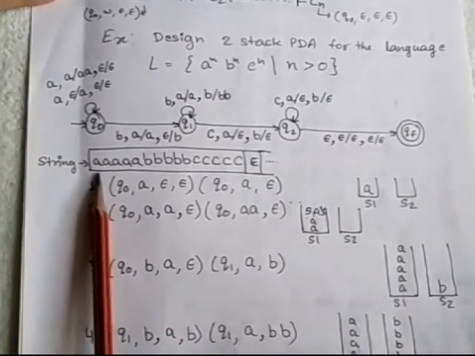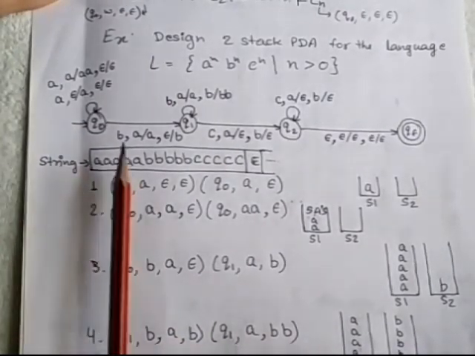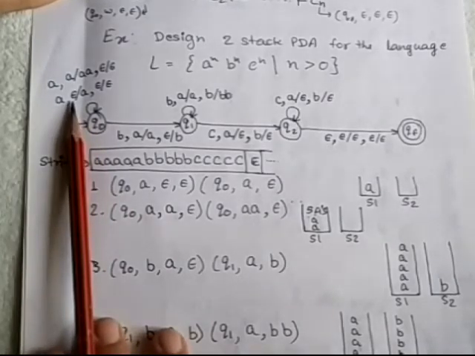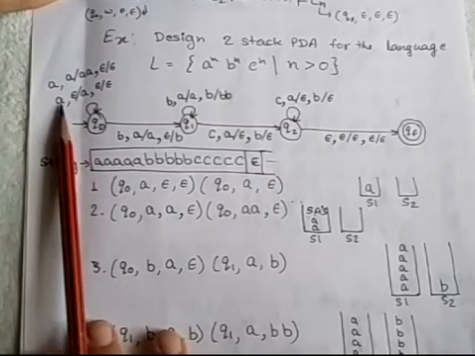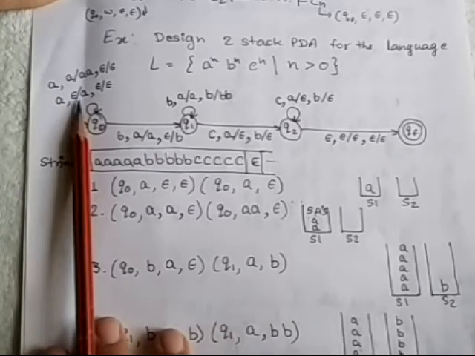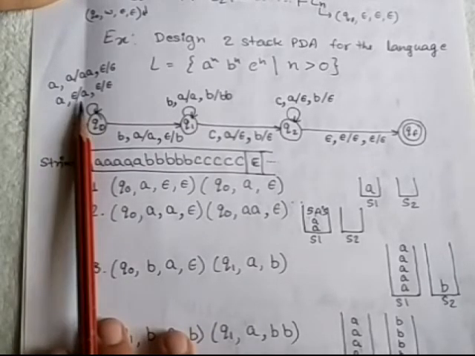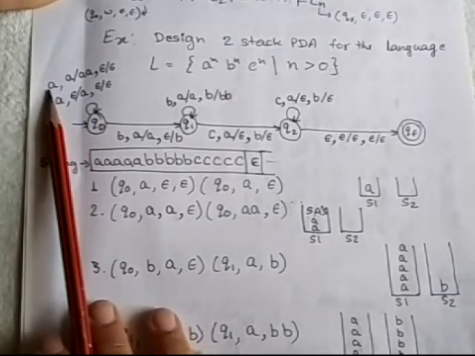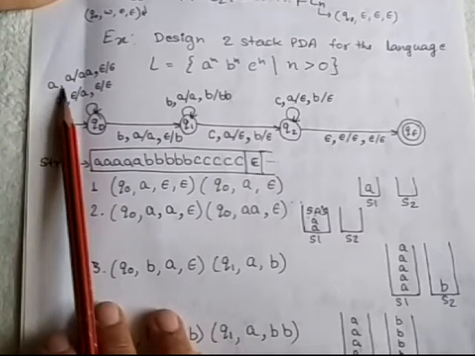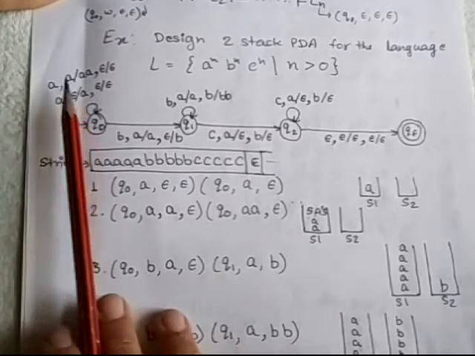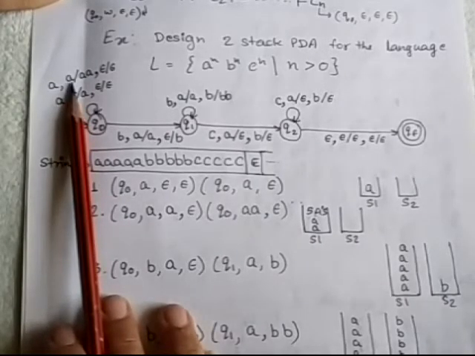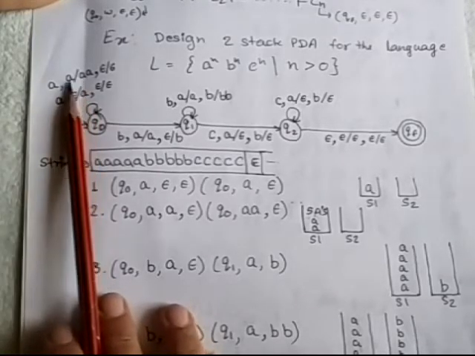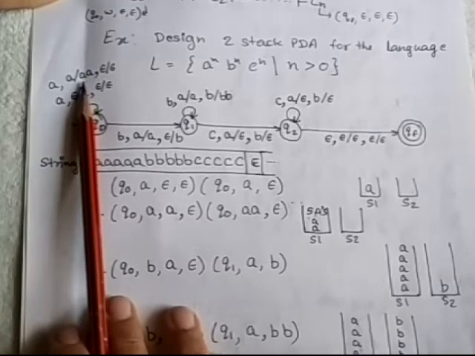We start with the initial state Q0. We read the first symbol. Initially stack 1 is empty, so we push A onto stack 1. We read symbol A and push it onto the stack. Next, we read the next A. Now the top of stack 1 is A, and again we push the second A onto stack 1.